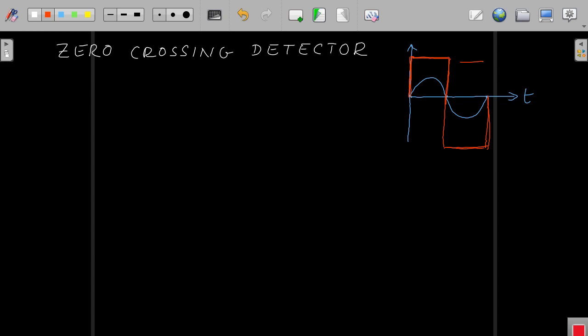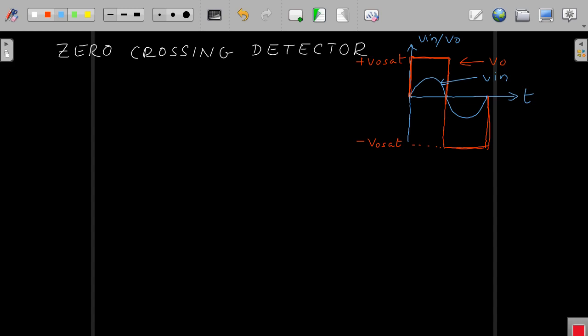So this is my V0, and again needless to mention that this is plus V0 sat and this is minus V0 sat, something like this, and this is my input signal. This is how the output of a zero crossing detector should look like.